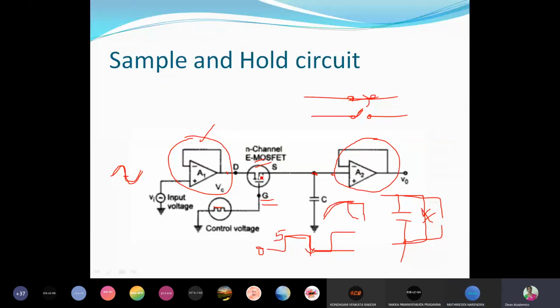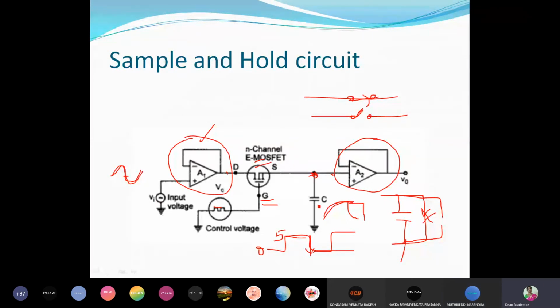Okay, now when the gate voltage is 5 volts, then the MOSFET acts like a closed switch, and the input that is available here is reaching this point. After reaching this point, what will happen? The capacitor charges, ma'am. The capacitor gets charged to the input voltage, right?